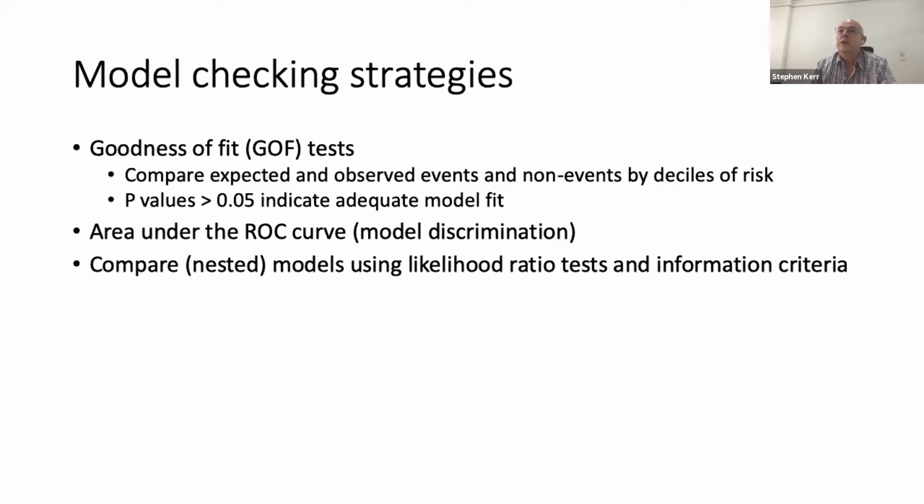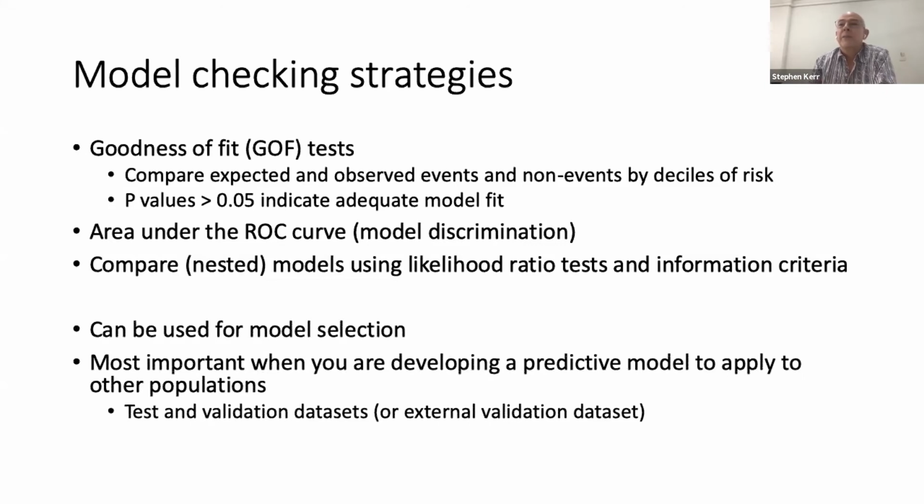Another thing we can do is we can compare the area under the ROC curve, and that helps us in knowing how well the model discriminates between people who have the outcome and people who don't have the outcome. And the last very useful thing we can do is compare models using likelihood ratio tests and information criteria.